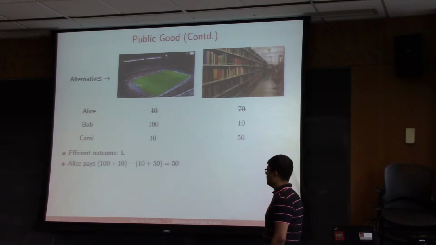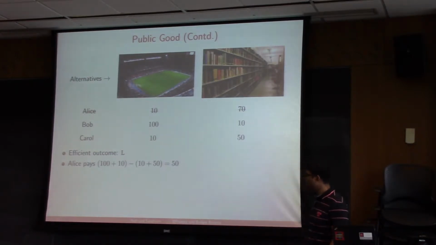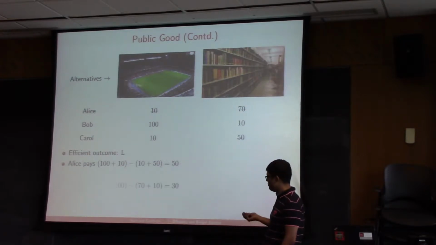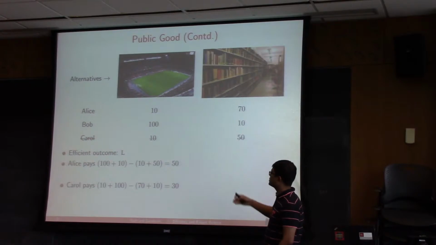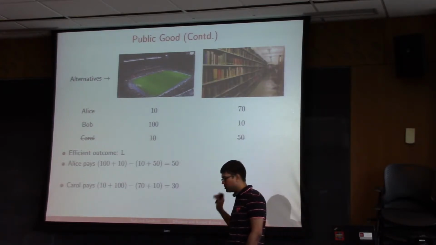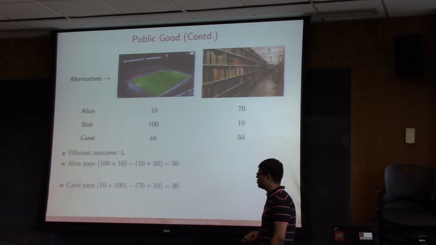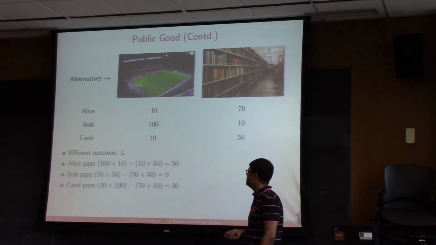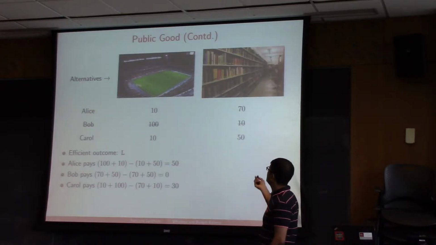This is what is known as the pivotal mechanism. Why pivotal? I'm coming to that. Similarly, you can think of Carol: exclude her from the system and compute the valuations that the other agents get when she is not present versus when she is present, and that is the amount that she pays. Notice Bob, if he is not in the system, the outcome does not change. It was earlier library, it's still going to be library.